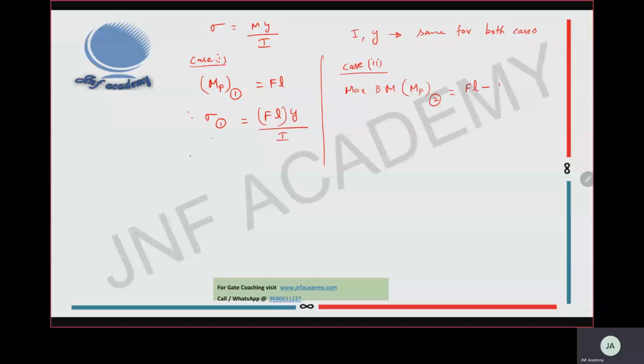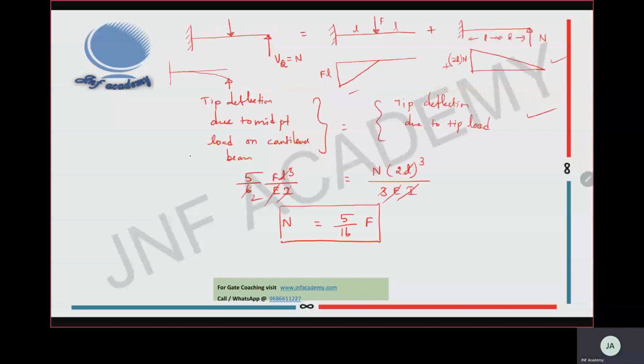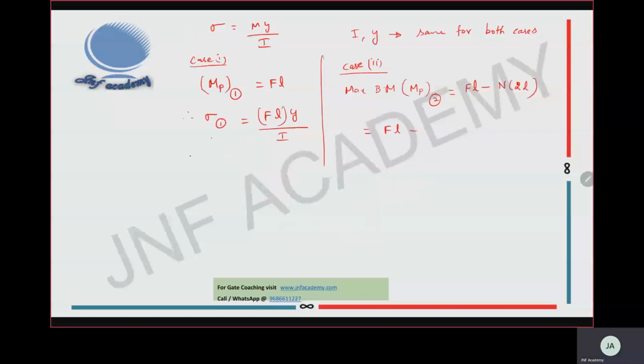FL minus N into 2 times L. Already we have a relationship between N and F, so 5 by 16 times F into 2L.